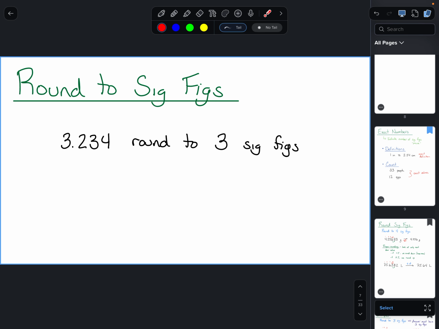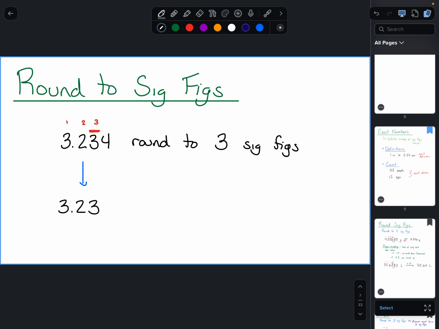Okay, so what we need to do is start counting and mark that 3rd sig fig in this number. Counting from left to right here, we have 1, 2, 3. This would be my 3rd sig fig. You're going to see this notation that I'm going to use over and over again in this course, where I keep track of my last sig fig by putting a little bar over it. That means that that's the last sig fig in that number, and I need to round to that position. So my rounded value here would be 3.23.